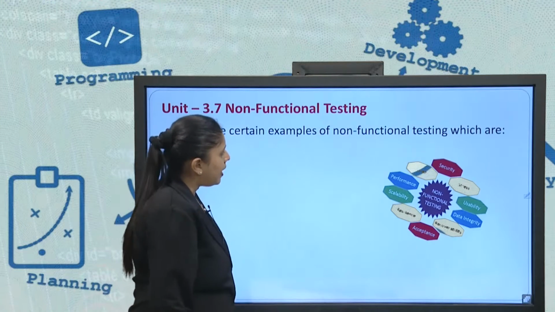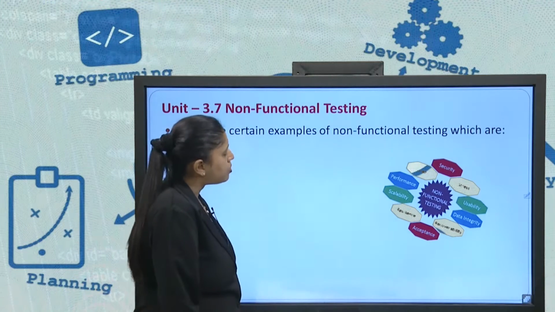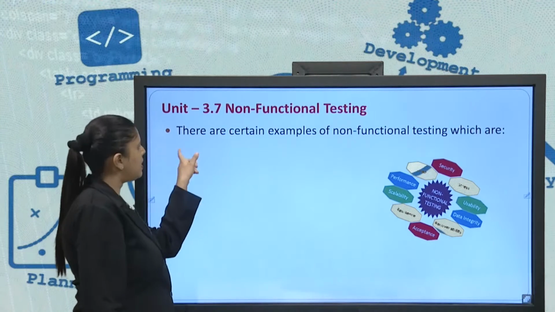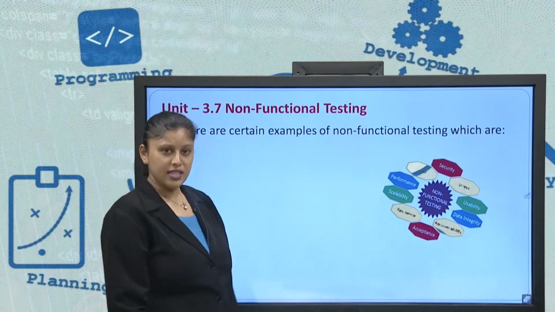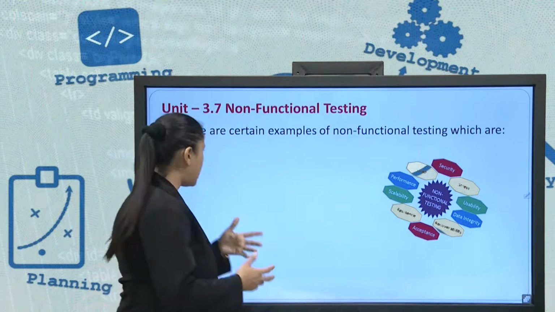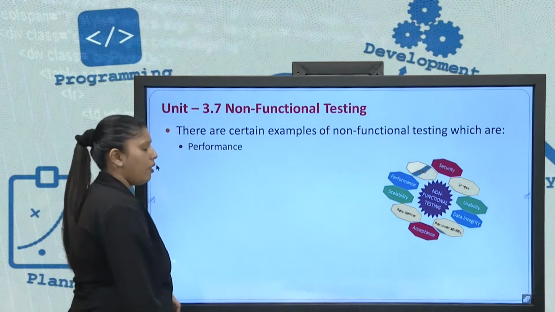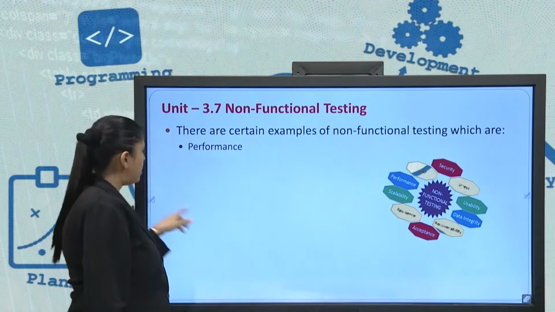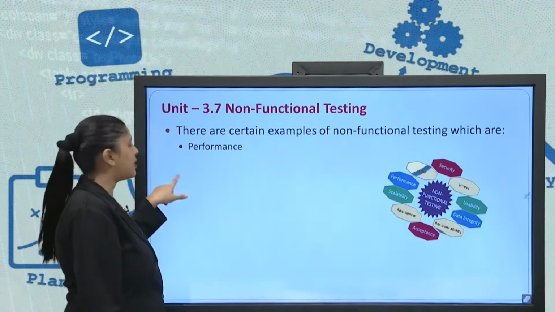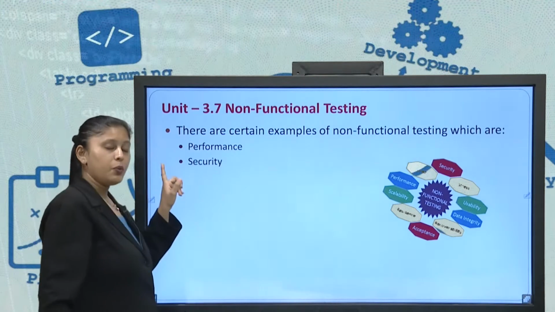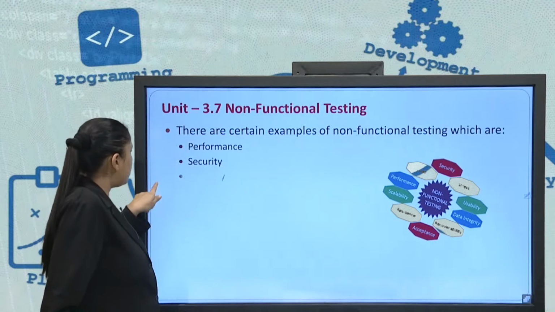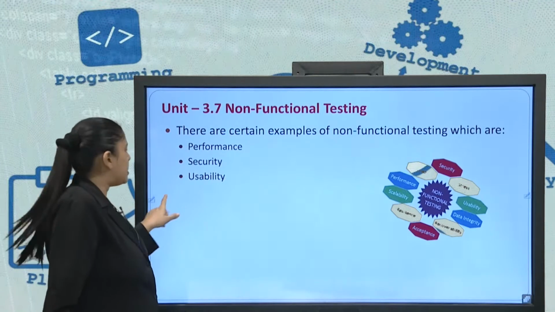Here we will be seeing that we have various kinds of non-functional testing. There are certain examples of non-functional testing. I will be discussing them one after the other. Well, the first one is performance. Let us first see the list of the entire thing. Then the second one is security. I will explain later on. Third one is usability.